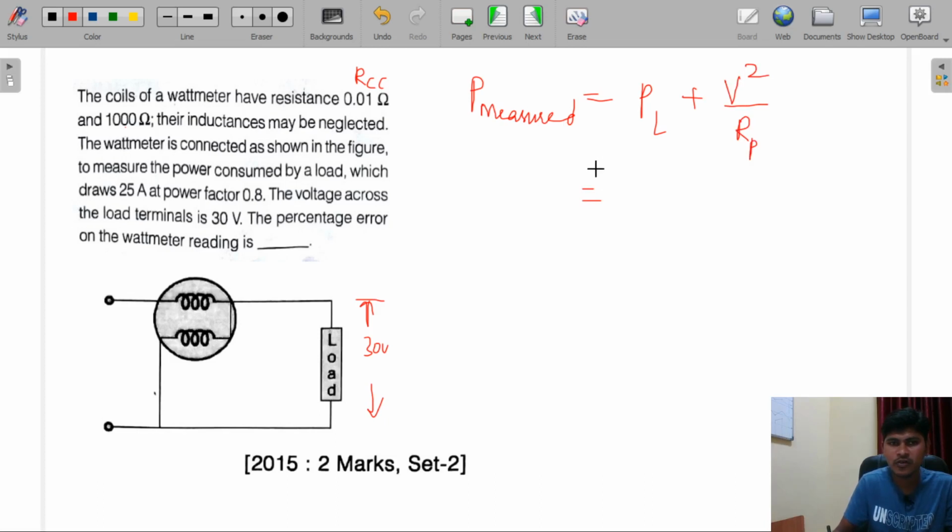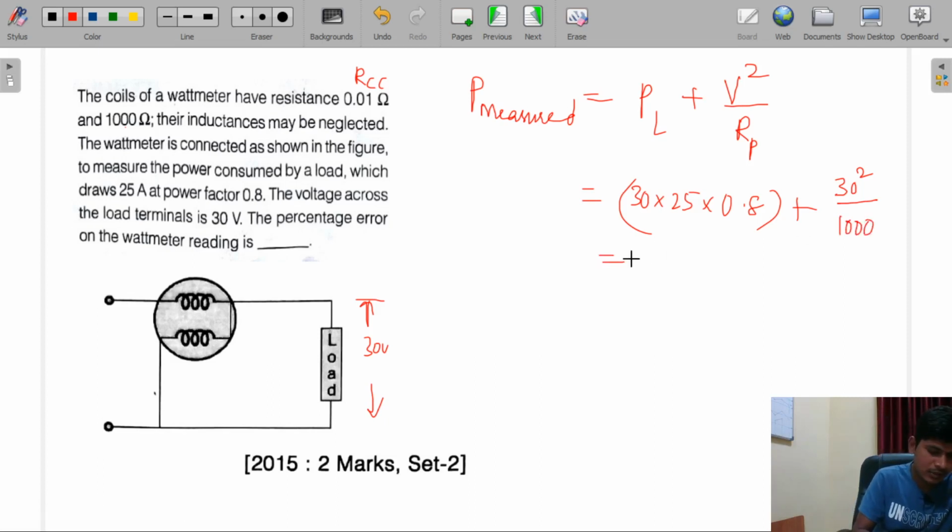Power consumed by the load is 30 into 25 into 0.8, that is VI cos phi, plus the power loss V square by RP, which is 30 square by the pressure coil resistance 1000. So we get 600 plus 900 by 1000, that is 0.9, giving 600.9.